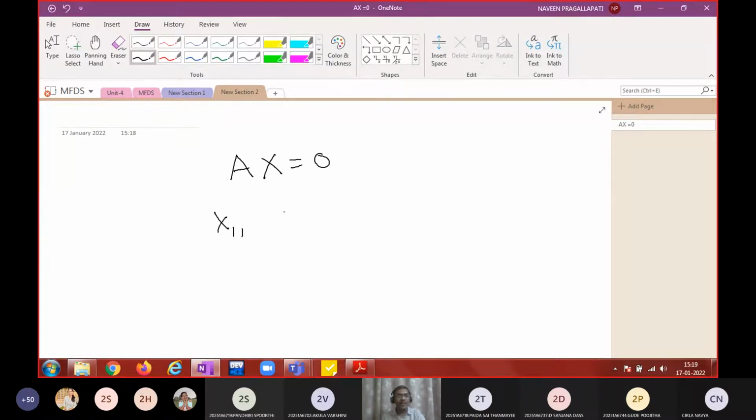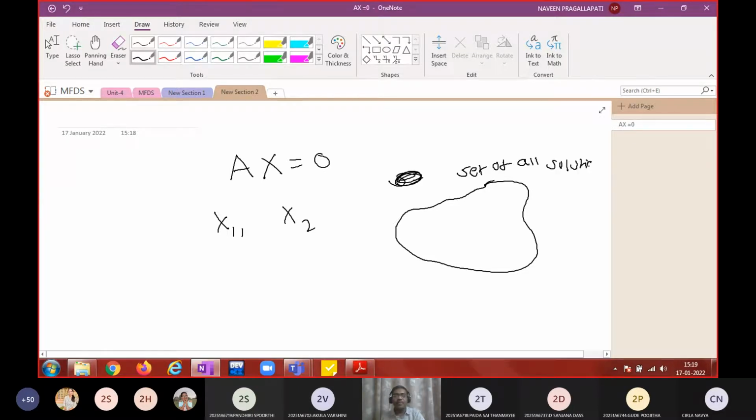Let us say S is the set of all solutions of Ax equal to 0.